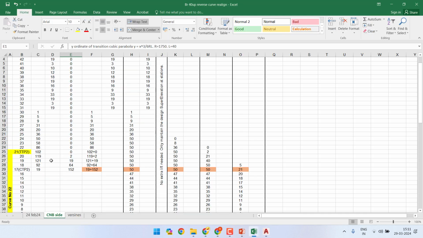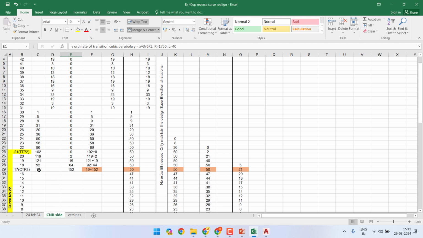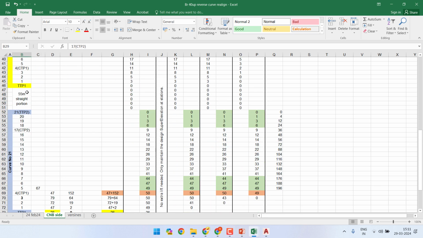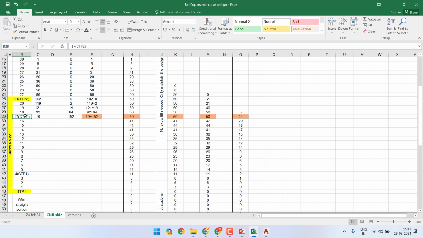So earlier solution we had used only tilted CTP2. We have seen offset at CTP2 both ends of the reverse curve, CTP1 of the first curve and CTP2 of the second curve.